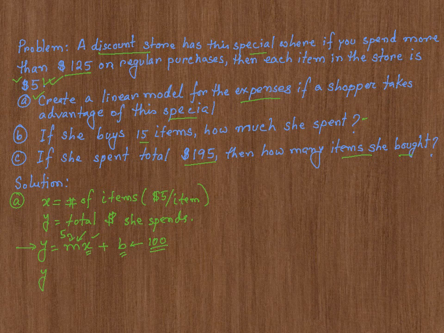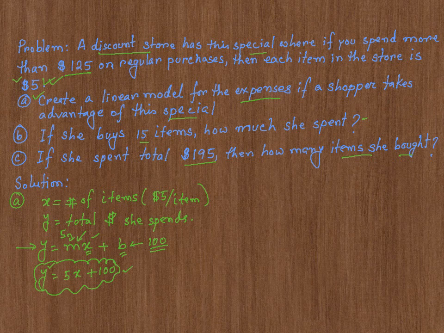So it's going to be Y is equal to 5X plus 100. That's going to be the linear model. Y is the total amount of money she spends if she uses this offer. Here we make the assumption that she spends at least $100 to take advantage of this offer. So that's the linear model.